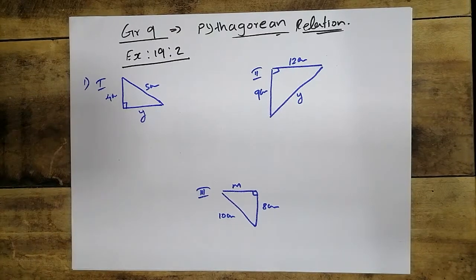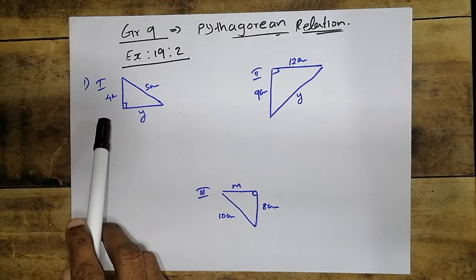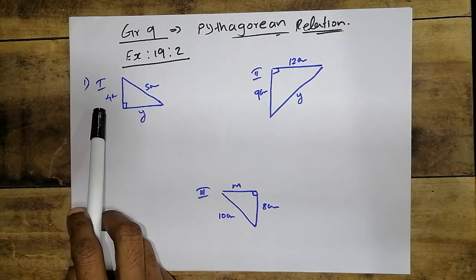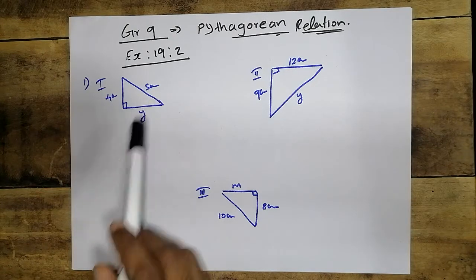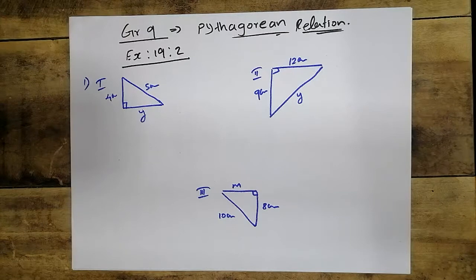So the first question of exercise 19.2, we have been given a right angle triangle, with one of the sides 4 centimeter, the other side y, and the next side is 5 centimeter. The question is, find the length of each side indicated by an algebraic symbol in each figure.